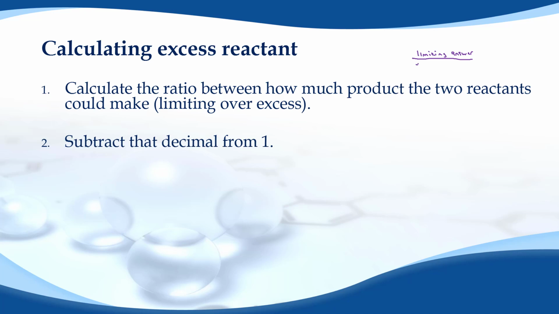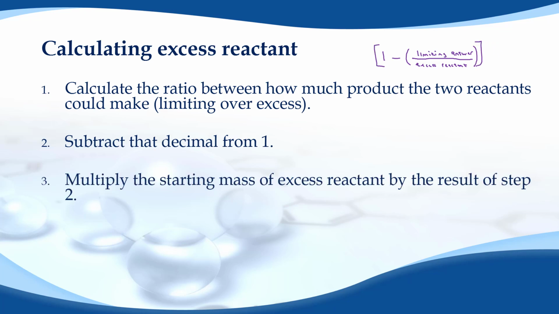I'm going to subtract that from 1, so from 100%, and that will tell me the percentage of my excess reactant that is remaining. And then if I take the percentage remaining and multiply it by the amount that I started with, that will tell me how many grams I have left over at the end. All right, so this is how I'm going to show you to calculate excess reactant. Again, there are other methods if you look at other sources.